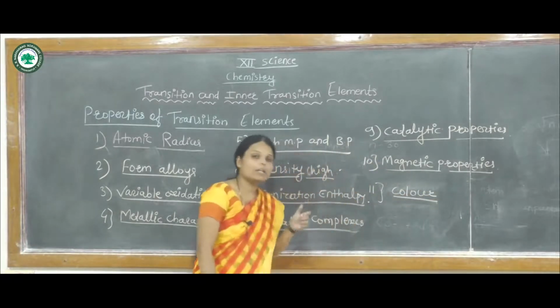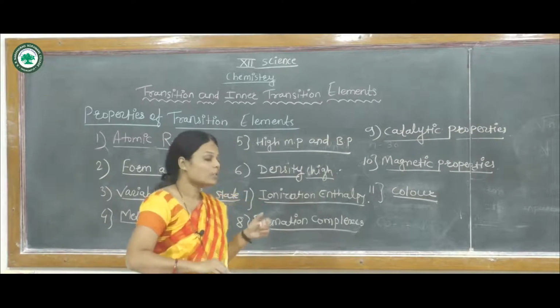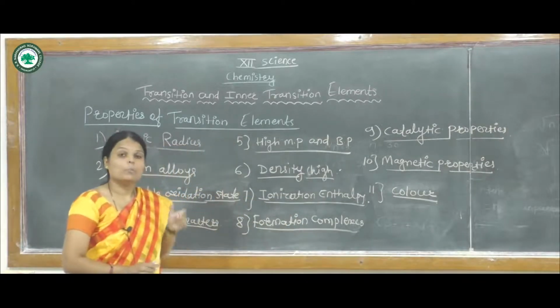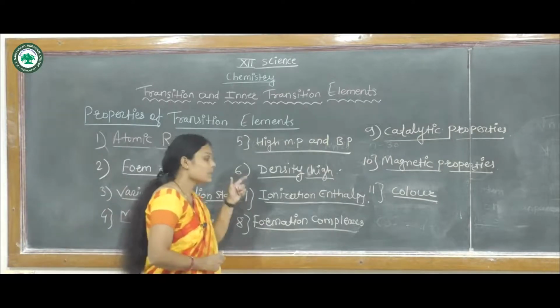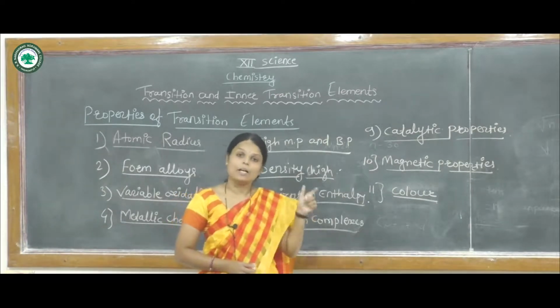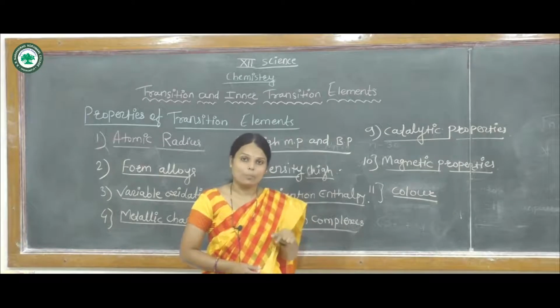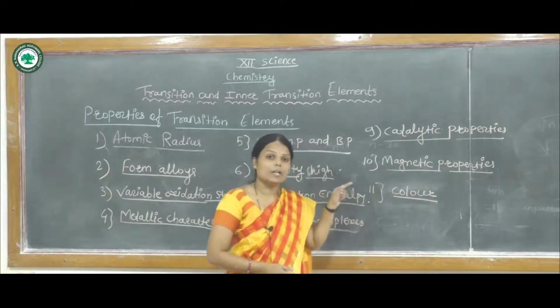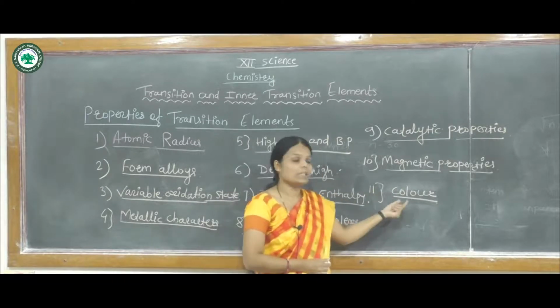The transition elements can show color. Why can they show color? Because unpaired electrons are present in the d orbital. That's why they can show color, and all of these transition elements can show color.